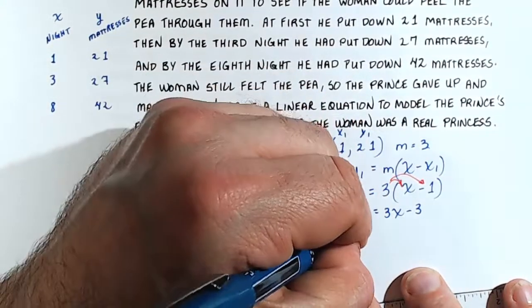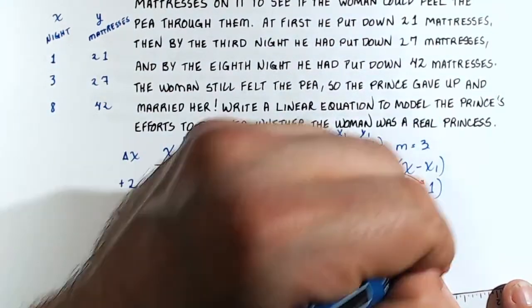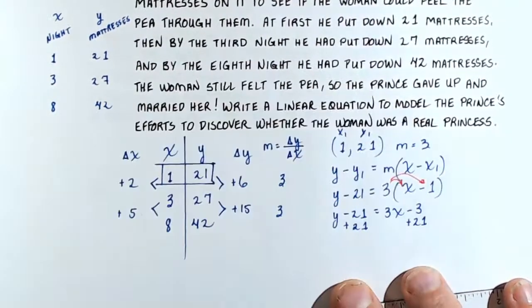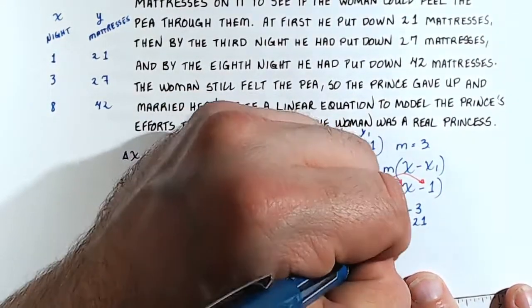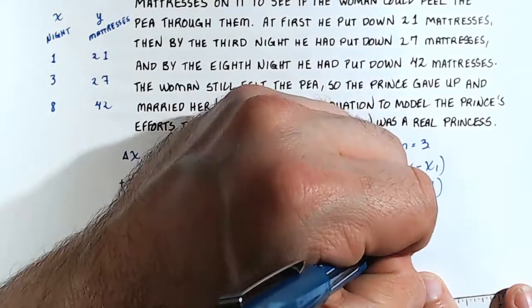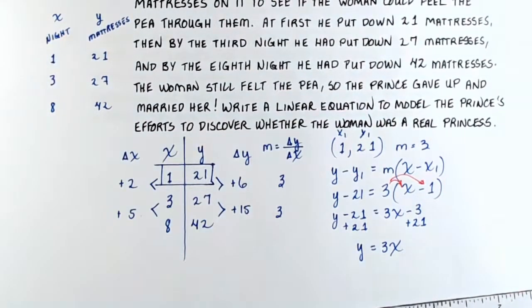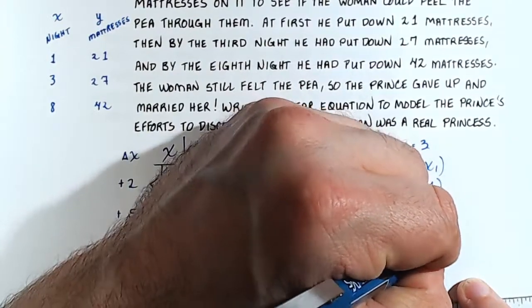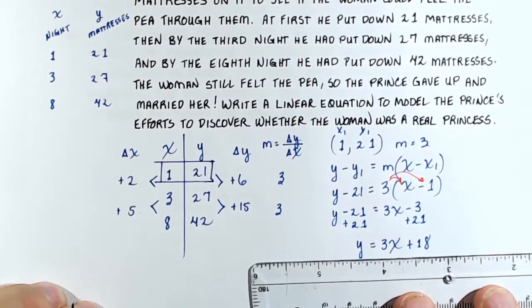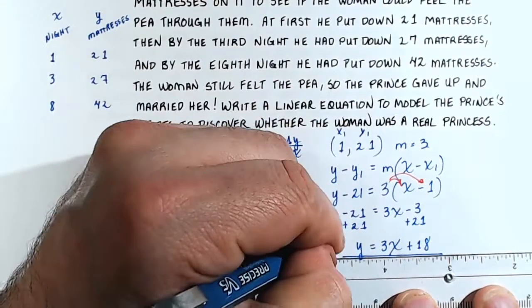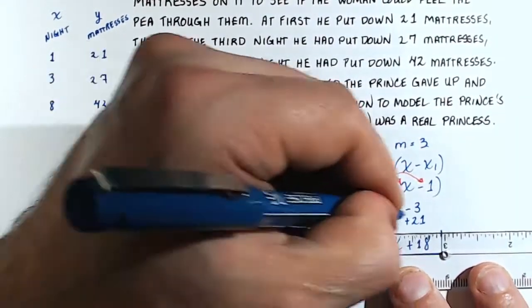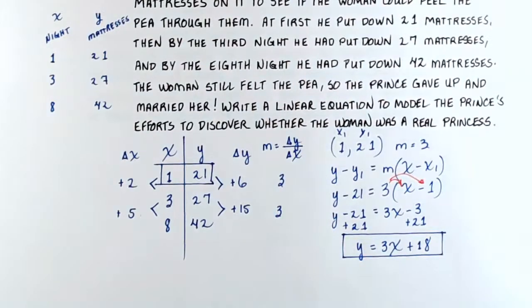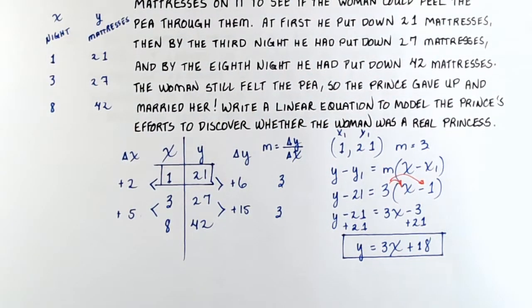And now I add 21 to both sides. And I get Y equals 3X. And now negative 3 plus 21. What is that? So that would be 18, right? Plus 18. There's the equation. Let y'all get that written down here.